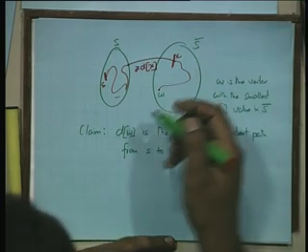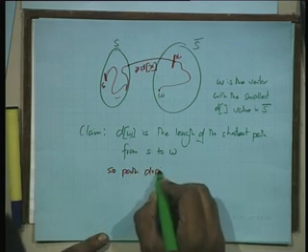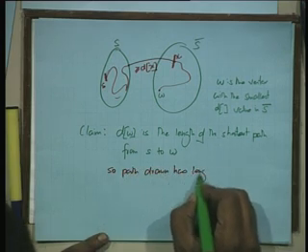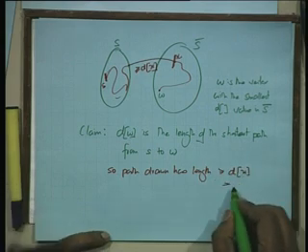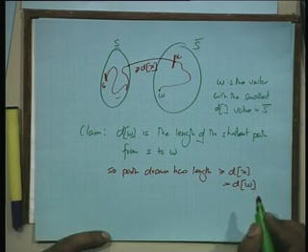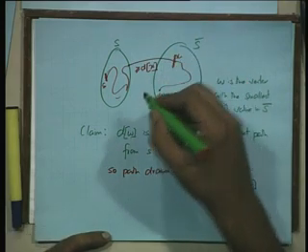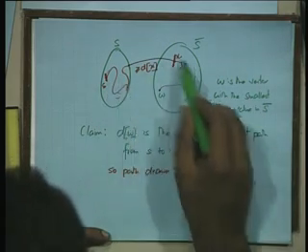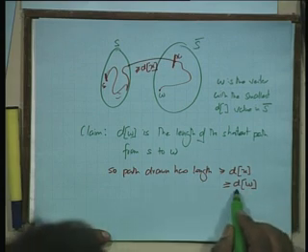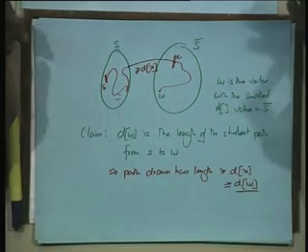So, the path drawn has length greater than or equal to d of x, which is greater than or equal to d of w, maybe they were the same distance labels. So, this path has length at least as large as d of w, which means it is not a shorter path.